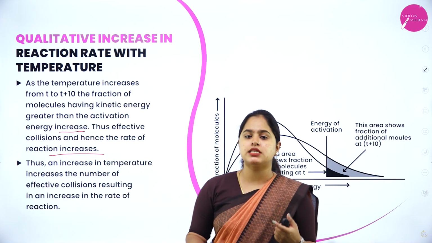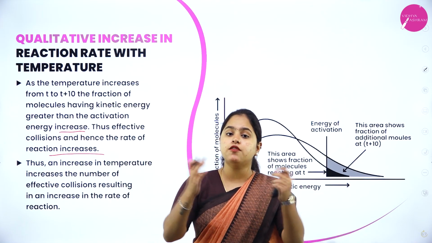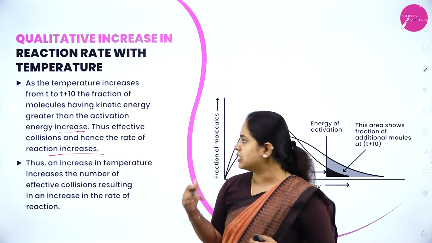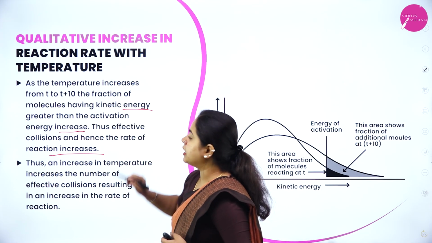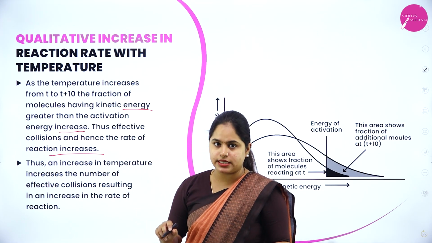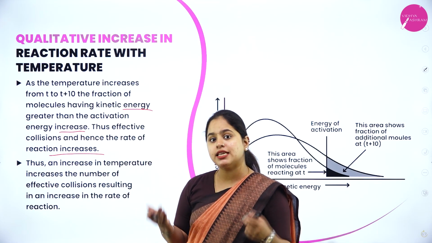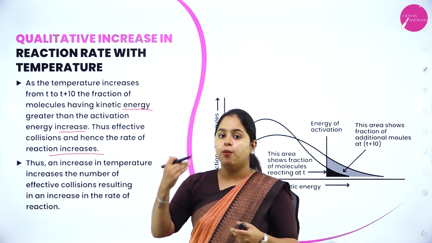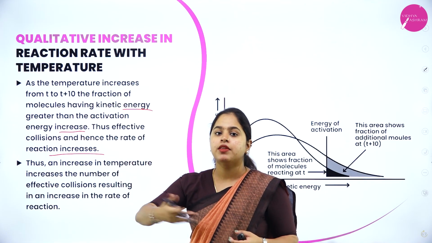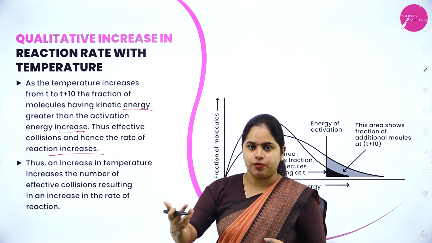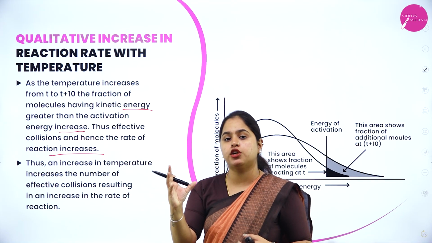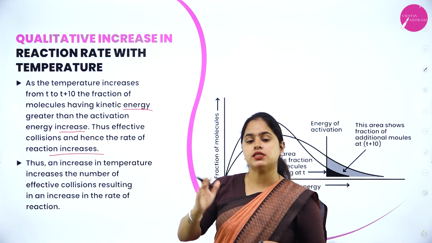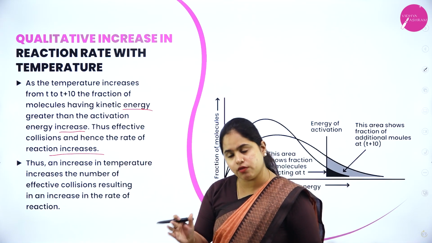If the reactants have to form the products, effective collisions must take place. So, what happens when we increase the temperature? The kinetic energy increases, hence the effective collisions increase. More particles are getting more kinetic energy, so the fraction of molecules having more kinetic energy is increasing, hence more effective collisions and the reaction rate also increases.